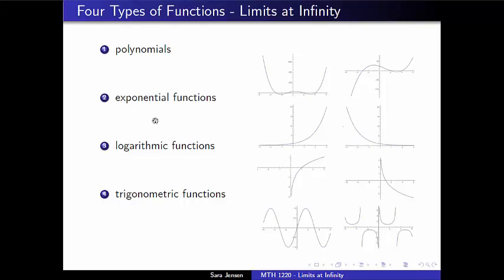For exponential functions, we're again going to break into two cases dependent upon the base of the exponential. If the base of the exponential function is something like e or 2, a number that's larger than 1, this function is going to go off towards infinity as x approaches positive infinity, and it's going to tend to 0 as x approaches negative infinity.